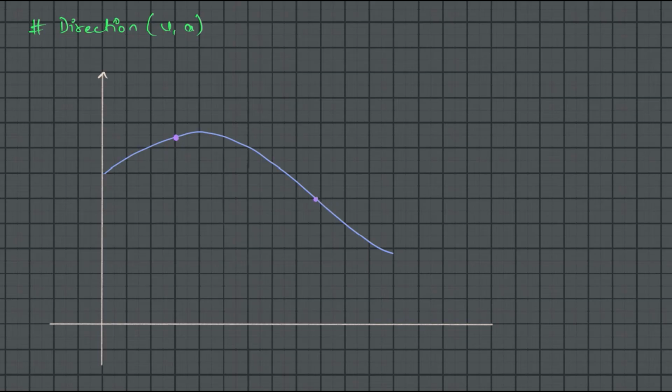Right? And we'll have our position vector from here to here. Position vector is represented by R in general. So we can call this point A and B.